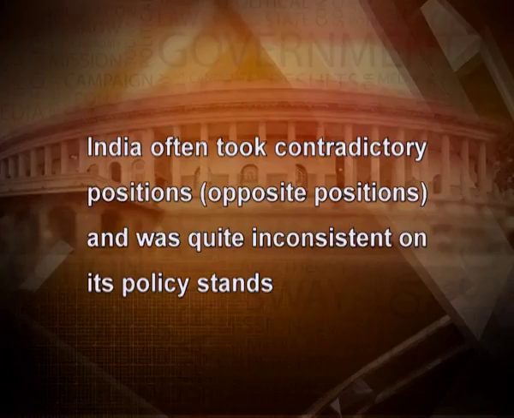Now, the second criticism of India's approach is that India often took contradictory positions, that is, opposing positions, and was quite inconsistent in its policy stance. It adopted a conflicting position by claiming that it will not join any alliance. But India was severely criticized for signing a treaty of friendship with USSR for 20 years in 1971.